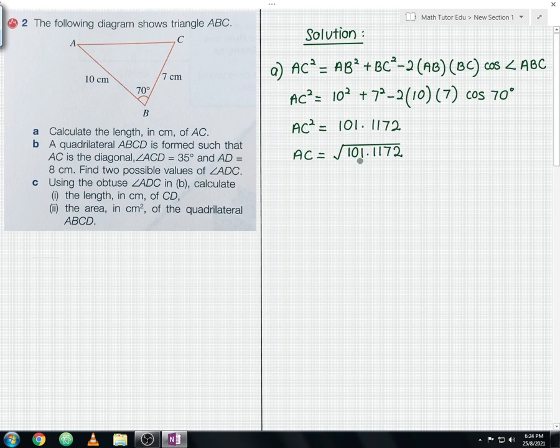Okay, you square root this. So from here, you should get your AC is equals to 10.06 centimeter. Okay, so this is your length of AC. Okay, let me underline the length AC.